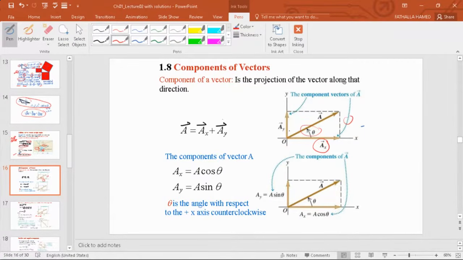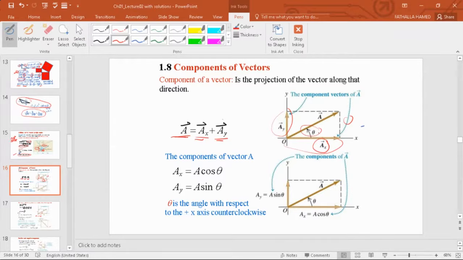So I can represent the y component here with ay and the x component here with ax. So I can say that my vector A here will equal ax plus ay, and you're putting the arrow at the top of them, indicating that you're dealing with them as vectors.